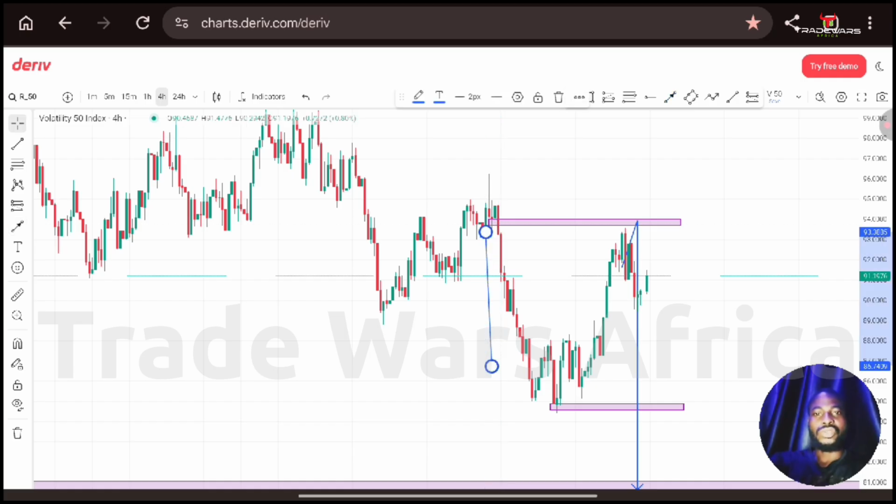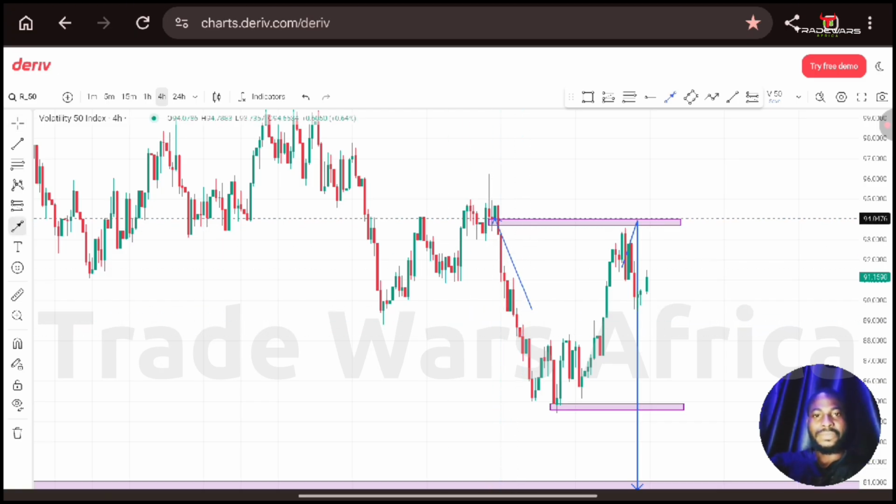What happens is that once a 4-hour time frame gives you a pressure candle like this, what you are looking out for is a retest of that particular zone.